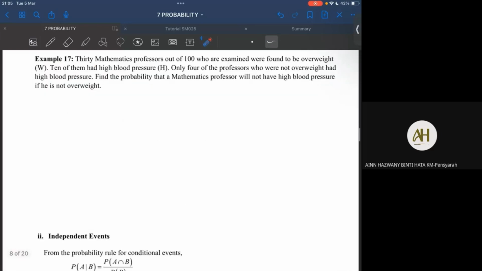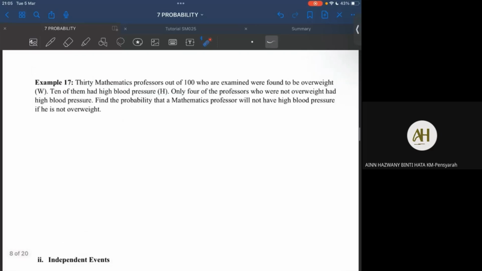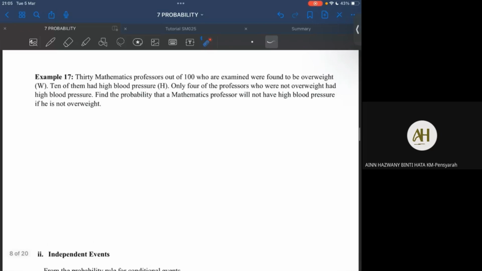Okay, sikit lagi. Independent nanti kita akan sambung, tengok ni dulu. Okay, alright, last example untuk conditional event.